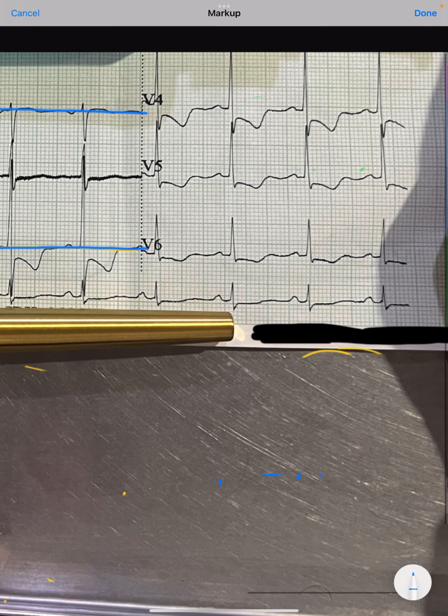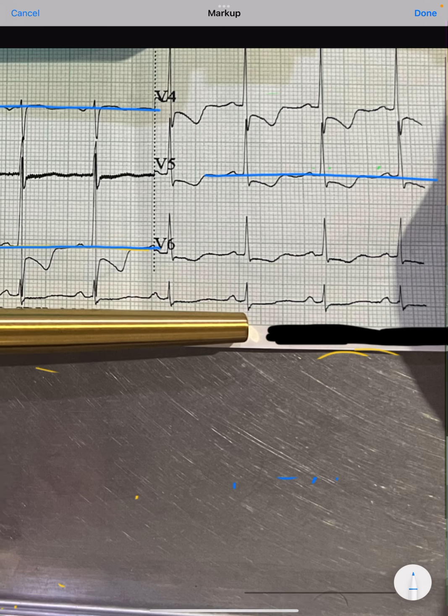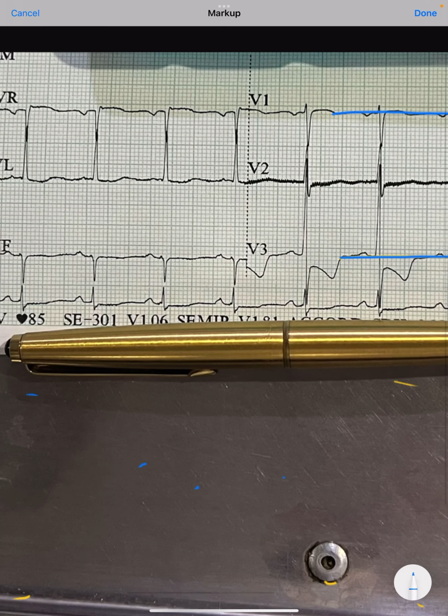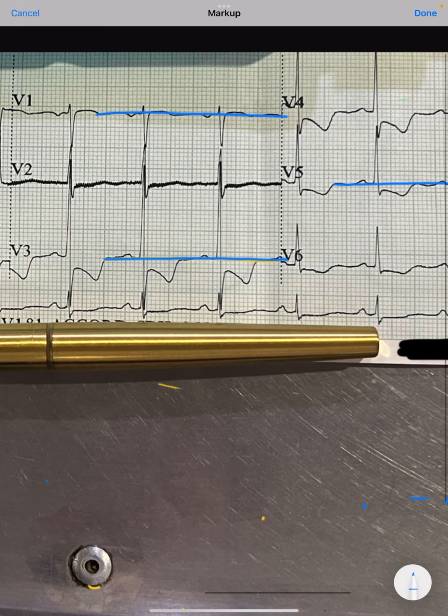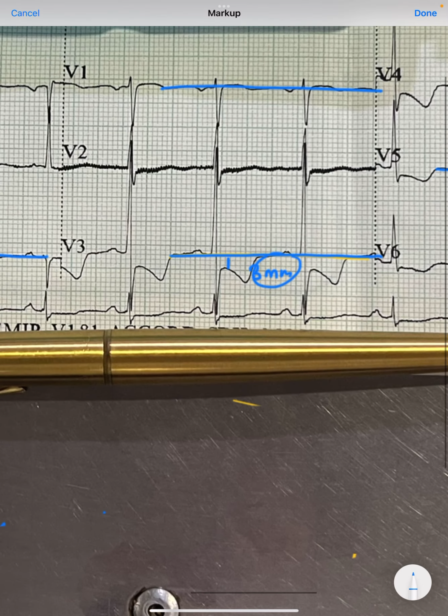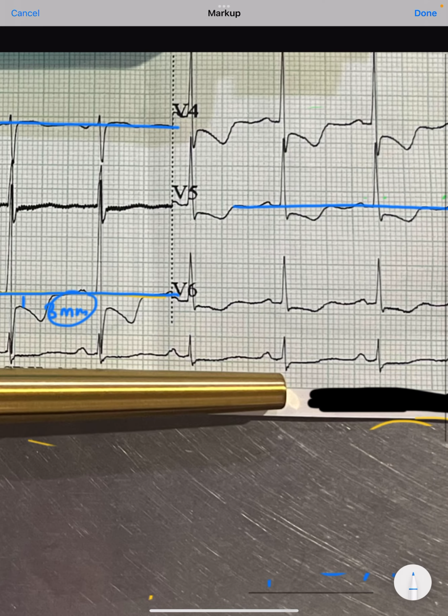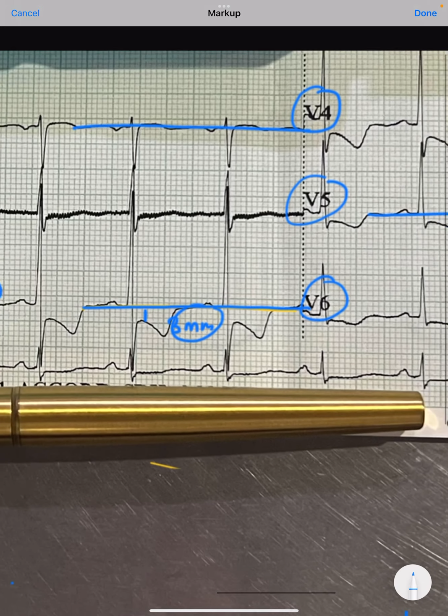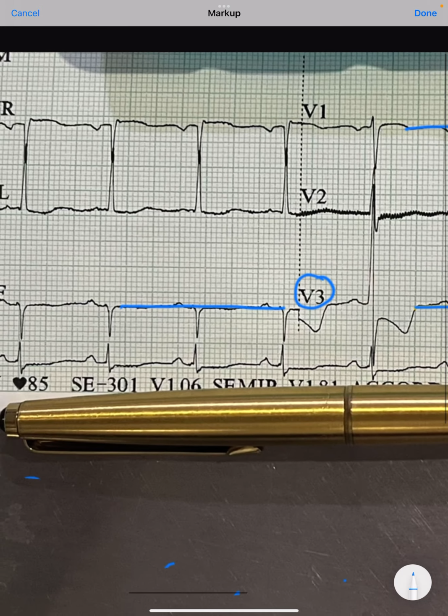We can very nicely see a very nice ST depression of around 3 to 4 millimeters in lead V3, V4, V5 and V6. So there is extensive anterior wall involvement.